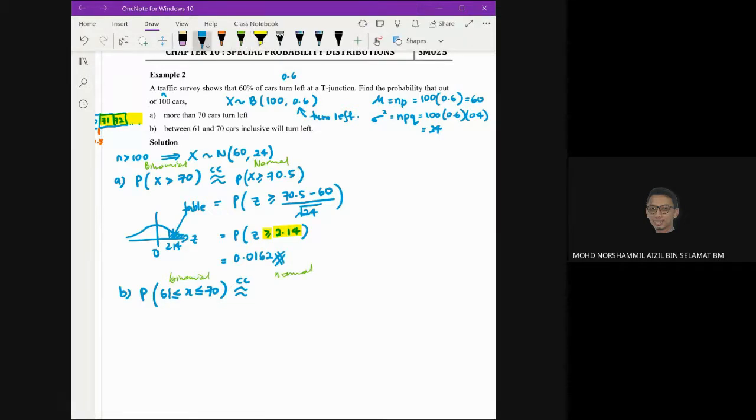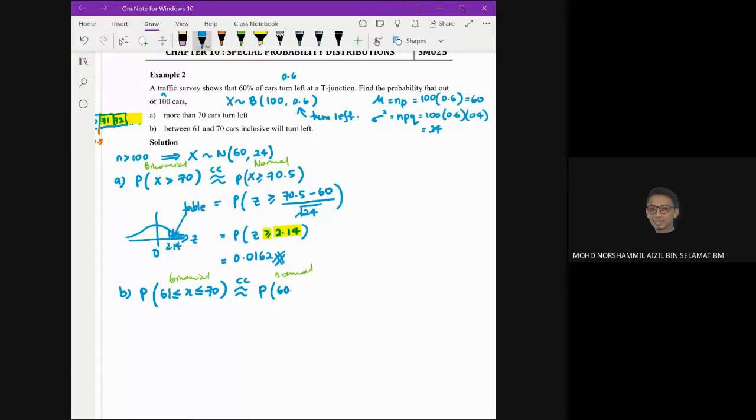So guys, kita nak 61 sampai 70 tau. Saya dah malas dah nak lukis kotak-kotak tu. Jadi kita start daripada berapa? 61.5. Kenapa 61.5? Kalau kita ambil 61.5, nanti dia tak lalu 61 tau. Dapat tak? Okay.